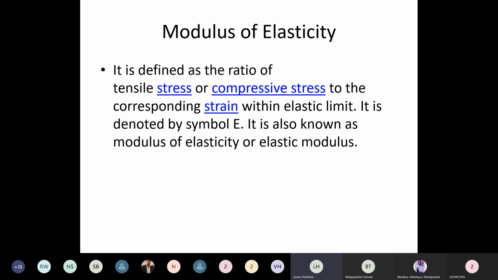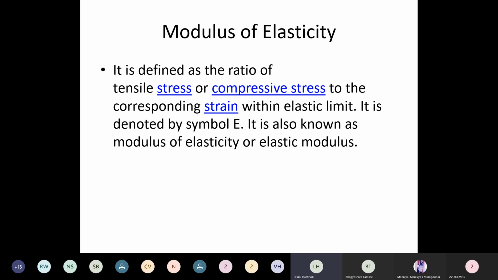Let's revise this. I hope you remember Young's modulus or modulus of elasticity. It is defined as the ratio of stress to the strain within elastic limit. Stress may be either tensile or compressive. This is denoted as E, and it is also called modulus of elasticity or elastic modulus.